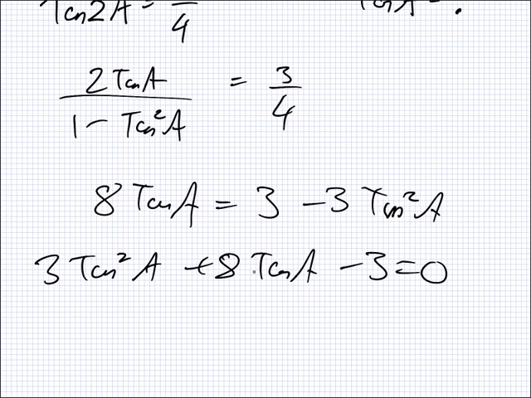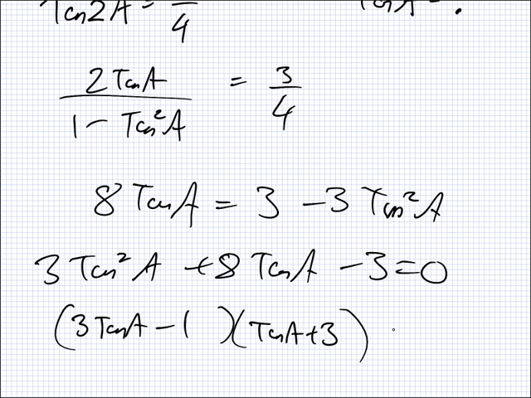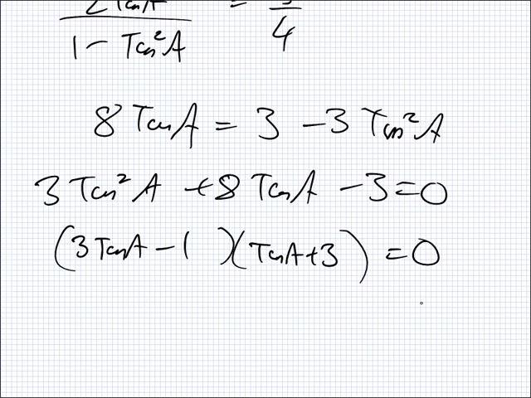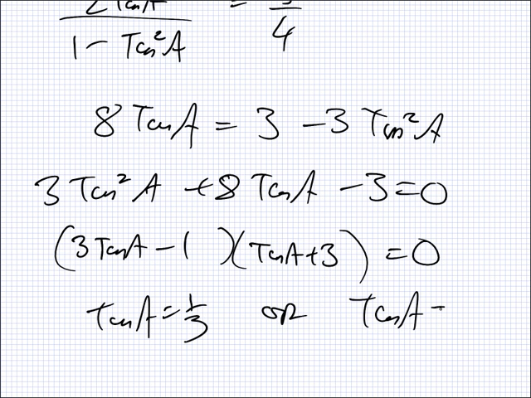It's quadratic. Is it quadratic with factors? Yeah. It's 3 tan A minus 1 and tan A plus 3 equals 0. So here we get tan A is a third or minus 3.